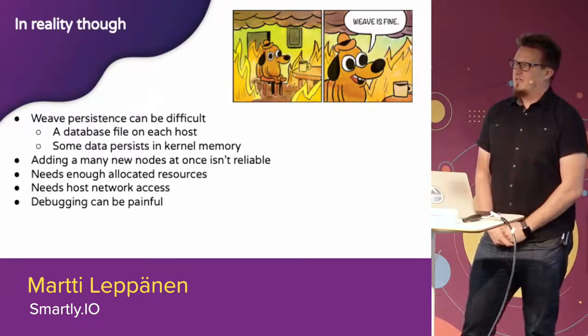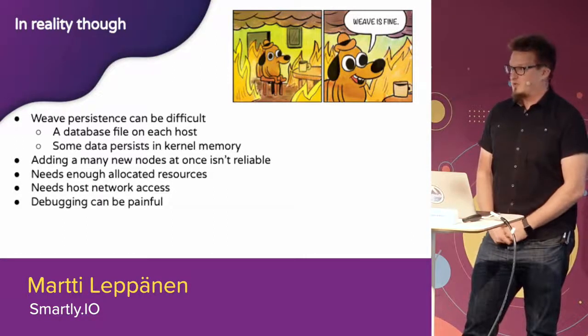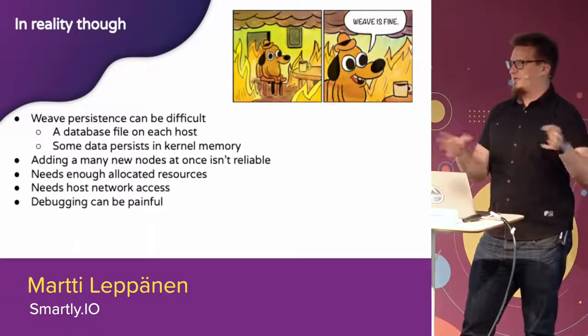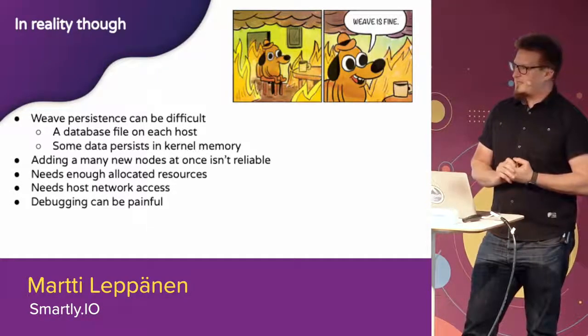So at the moment, we are at least recommending to run Weave in a way that you try to avoid adding new nodes. This is not a problem if an old node comes back, it already knows something about the cluster, but if you add a new node, it has to communicate with the cluster and reserve a certain address block and so on, and this process is currently not very reliable and can break the network in different ways if you try to do that.